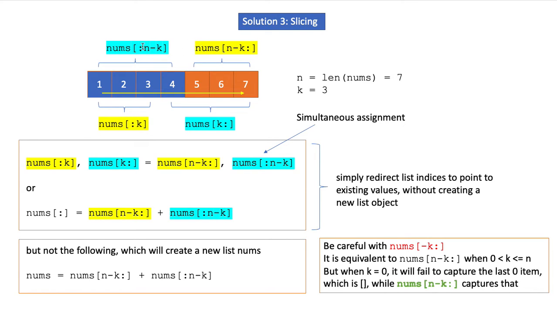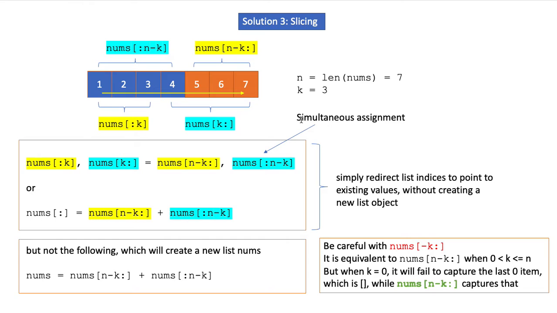So we have the expression here, nums[n-k:], where n is the length of the nums array and k is the number of rotations. And nums[n-k:] means the last k items. And the remaining items is nums[:n-k].